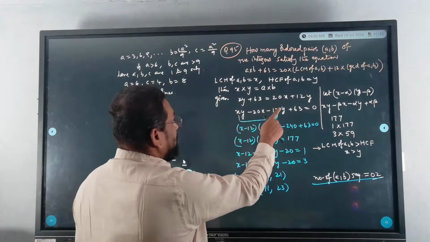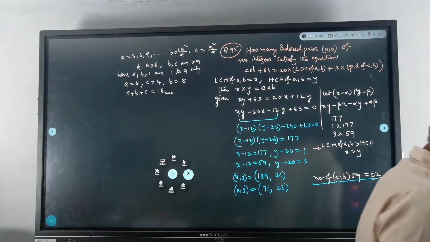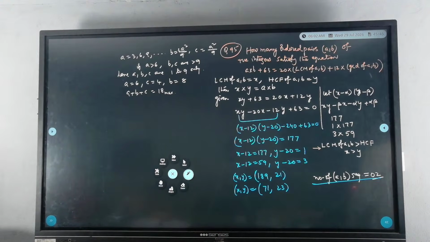So from these two, y has common x minus 12, that's why. Better to change it. Not 36, it is 63.